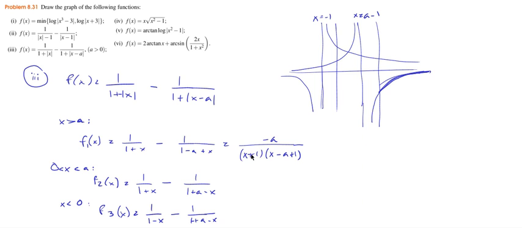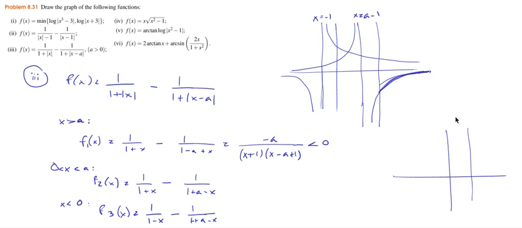If this is greater than a and this is greater than a, then this is going to be positive, this is going to be negative, so this is going to be negative. It doesn't matter how you sum it, you have that. Okay, let me plot the whole function.